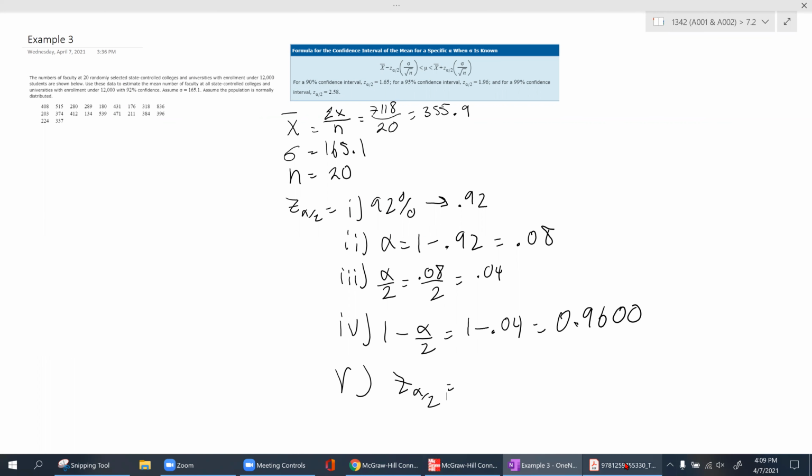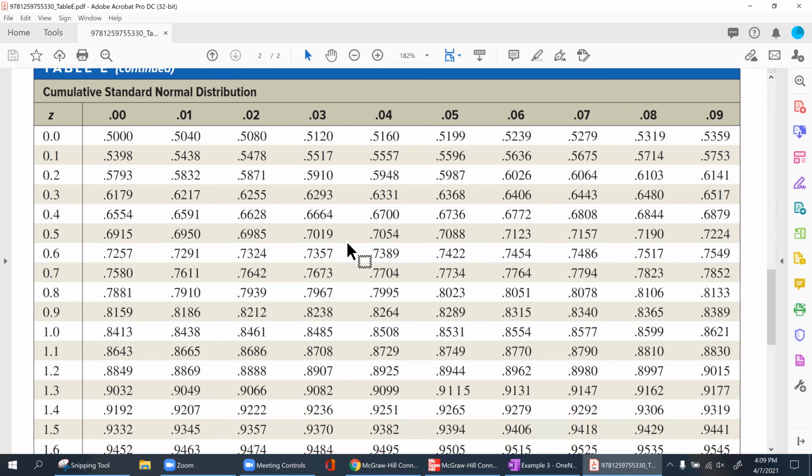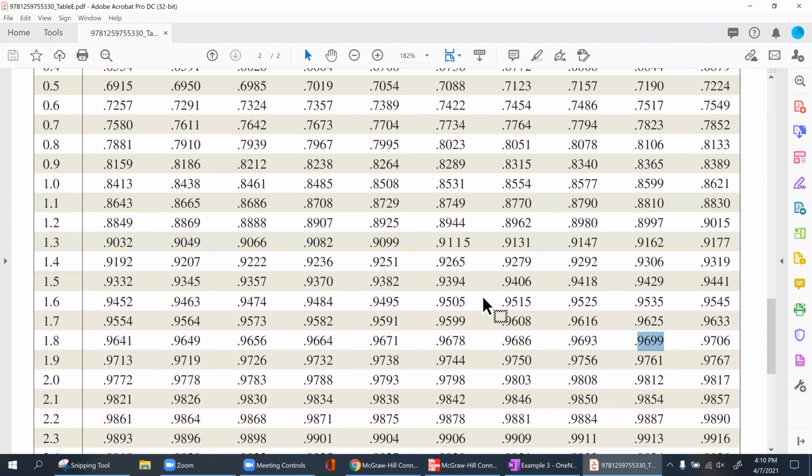And last step, when I pull that up on the table, 0.9600. That looks very, very familiar. It's one of the ones we worked out earlier. Oh, my mistake, it was 0.97.